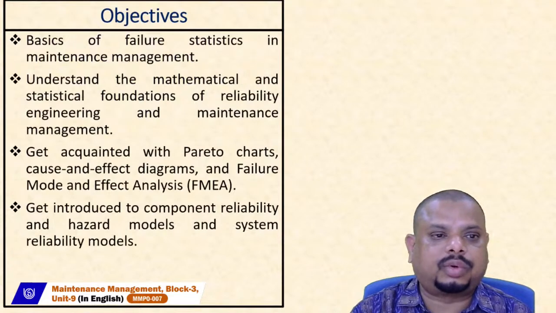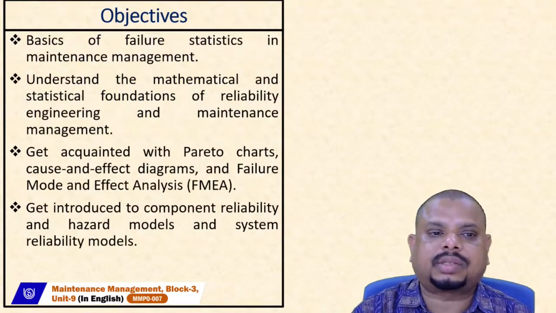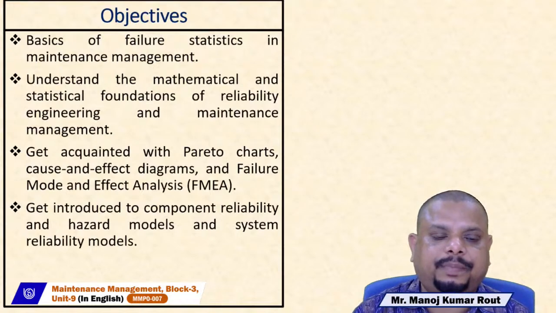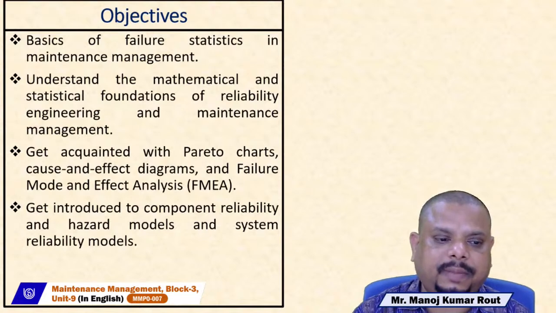So the objective of today's session is to understand the basics of failure statistics in maintenance management, then understand the mathematical and statistical foundation of reliability engineering and maintenance management. Then students get acquainted with the Pareto chart, cause and effect diagrams, and failure modes and effects analysis, shortly known as FMEA.